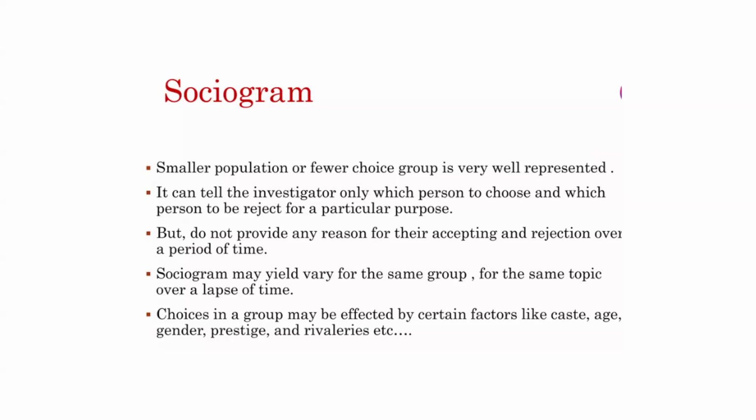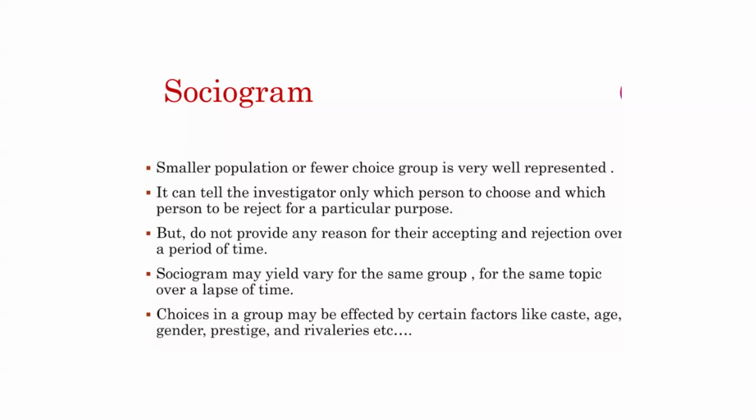But it does not provide any reason for their accepting and rejecting. It doesn't tell us the reason, but it says they like and don't like. But why? For the question why, we don't get an answer.